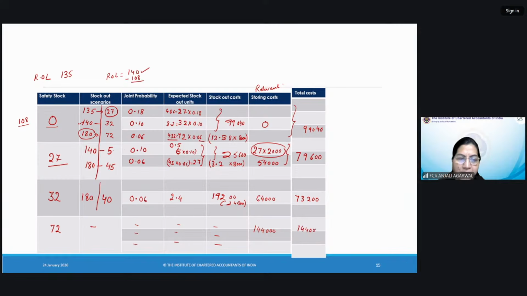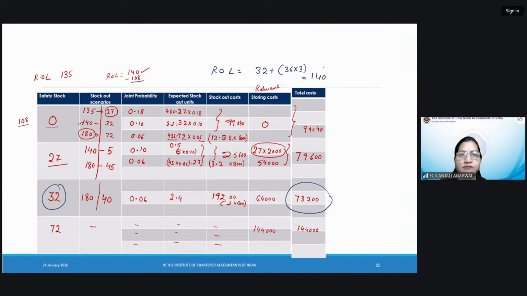So what should be my decision? Where do I have the least cost? I have the least cost here. So I should keep a safety stock of 32. And my reorder level should be 32 units of safety stock plus average consumption into average time.